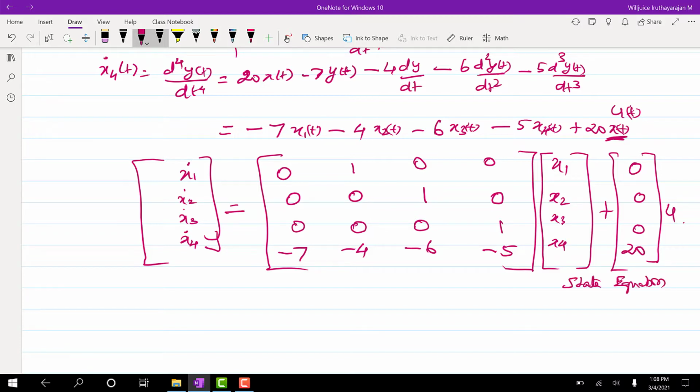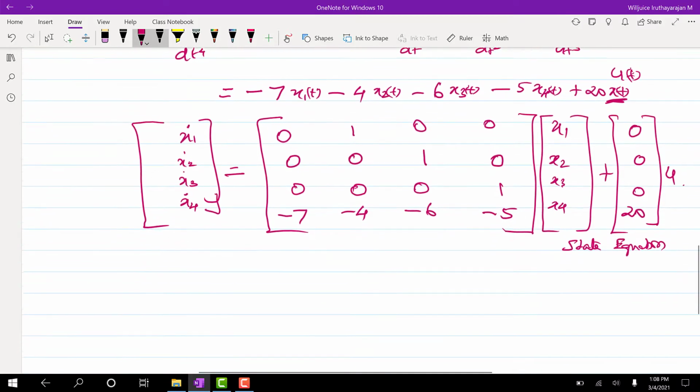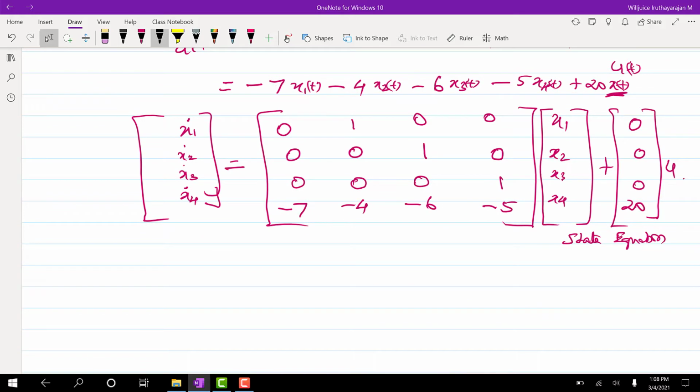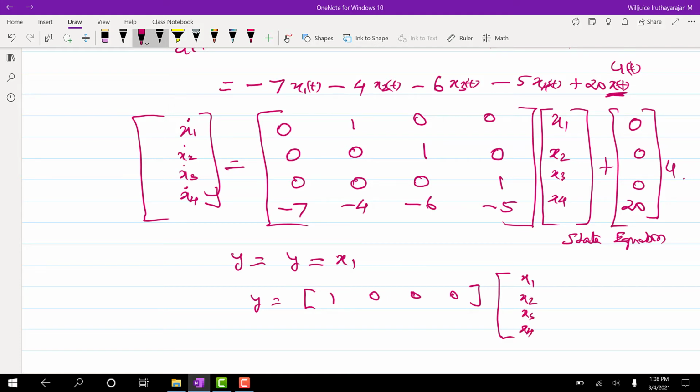This equation we call the state equation. Similarly next we develop the output equation. Here y is equal to y, which has been chosen as state variable x1. So in matrix form, y is equal to 1, 0, 0, 0 into x1, x2, x3, x4. This is the output equation.